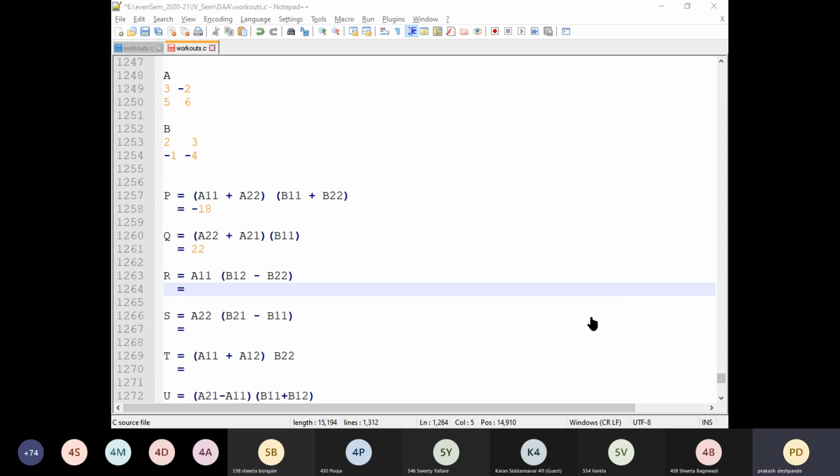Arpita Poddar, tell the value of R. 21. Is that correct, students? 21. Yes, that's correct. Roll number 432, Pooja.